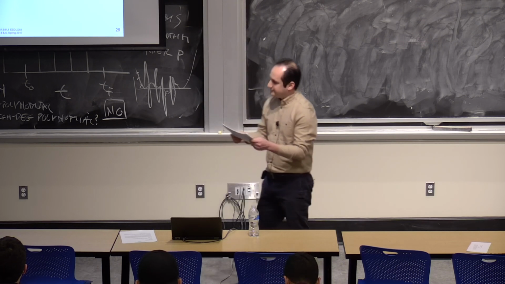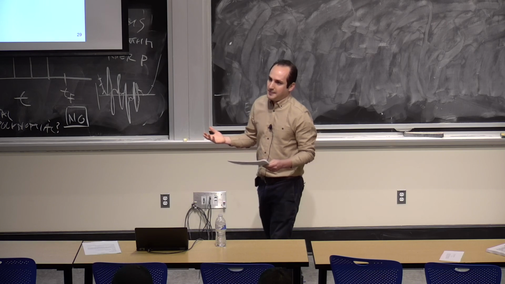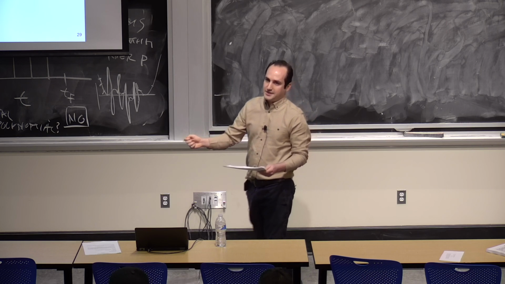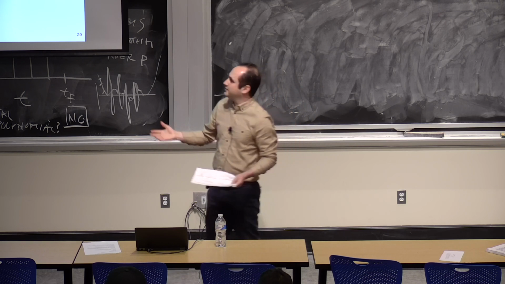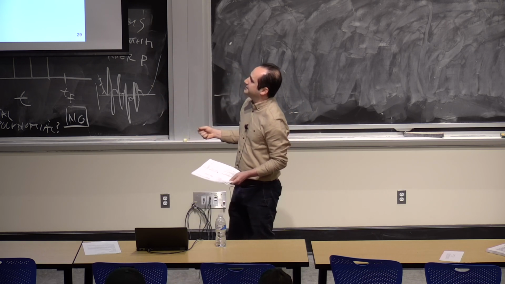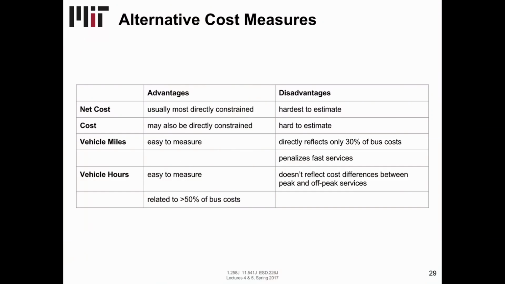So the next measure of cost could be vehicle miles. That basically deals with the service that is produced. It's easy to measure because you know the number of trips that are delivered to the system, and the length of trips are known. So vehicle miles is probably the easiest measure to compute. But the disadvantage is that it only reflects 3% of the cost.